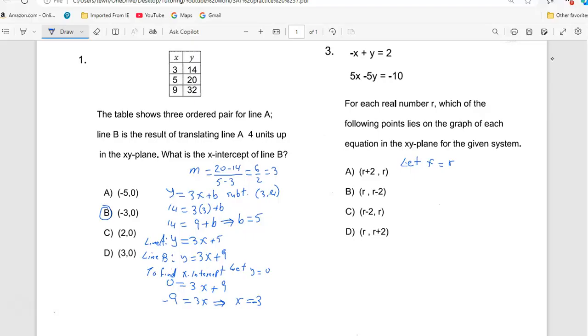From the first equation, we're going to find y. y equals x plus 2, right? Just add x to both sides. So y equals r plus 2. So the solution could be x comma y, r comma r plus 2, which is here, right? r plus 2. So the solution is this one.